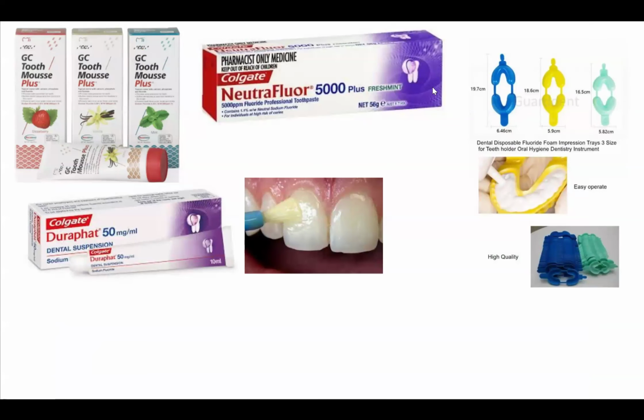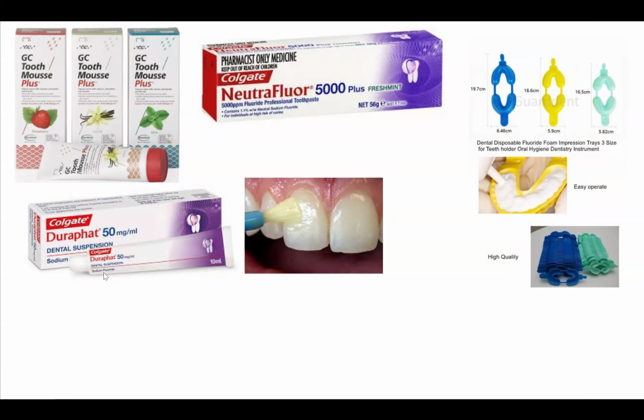These are a few pictures I wanted to show everyone. This is your CPP ACP with fluoride, and plain tooth mousse without a plus is just CPP ACP. This is a 5,000 plus ppm fluoride for adults with high caries risk. This is how you apply a varnish on teeth, even on root caries which are inactive. You can apply these.